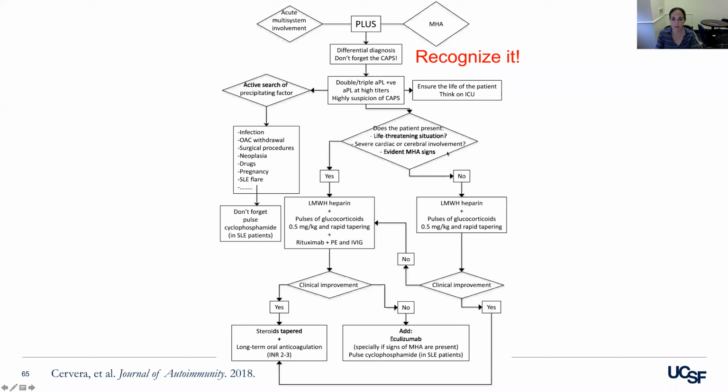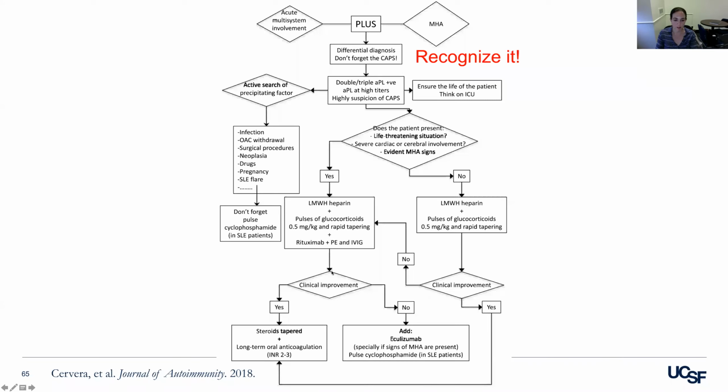If patients have less severe disease, then use just heparin and glucocorticoids up front, but don't move on yet to rituximab, plasma exchange, and IVIG unless they were to clinically worsen, as suggested here.